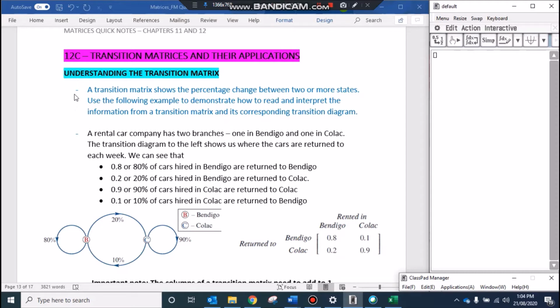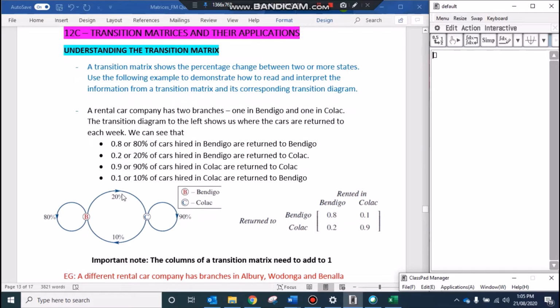So throughout Chapter 12c, we're going to be looking at this example of two rental car companies, one in Bendigo and one in Colac. And we're going to be coming back to this example a couple of times throughout the 12c chapter. So looking at this diagram, we can see that, and we've also got this information laid out here, if a car gets hired in Bendigo, 80% of those cars that get hired in Bendigo will be returned to Bendigo the next week.